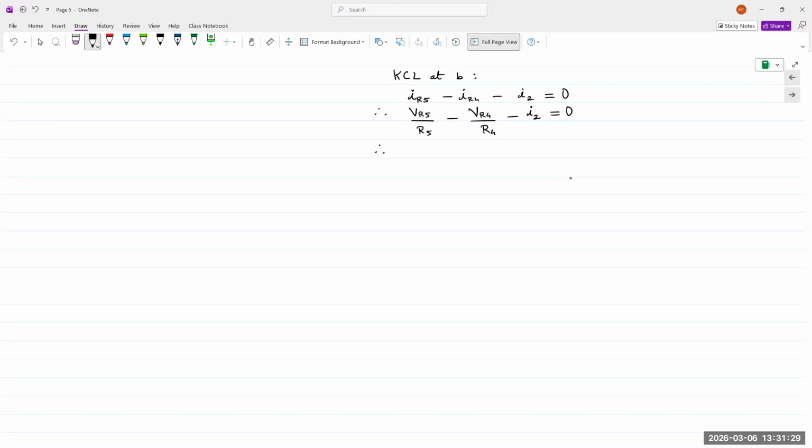And so I get VA minus VB over R5. And VR4 is connected between VB and VC. So VB minus VC over R4. And I will go ahead and take I2 on the right at this time. That's a constant.